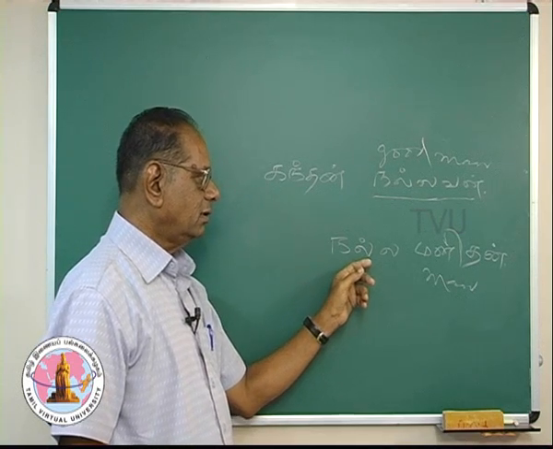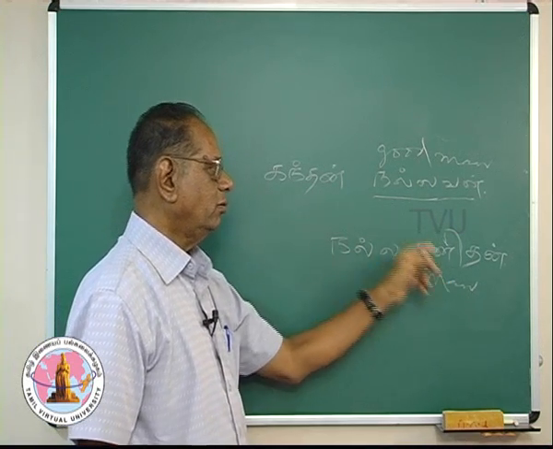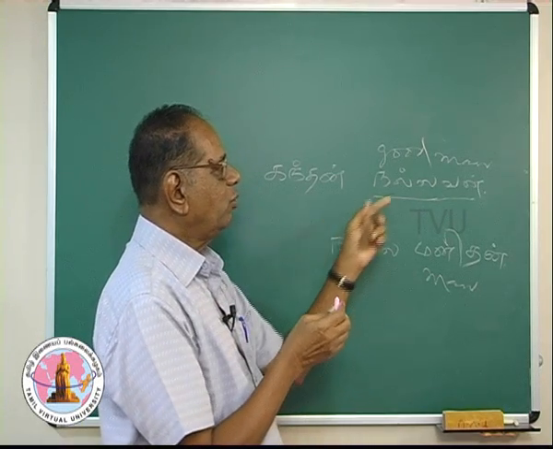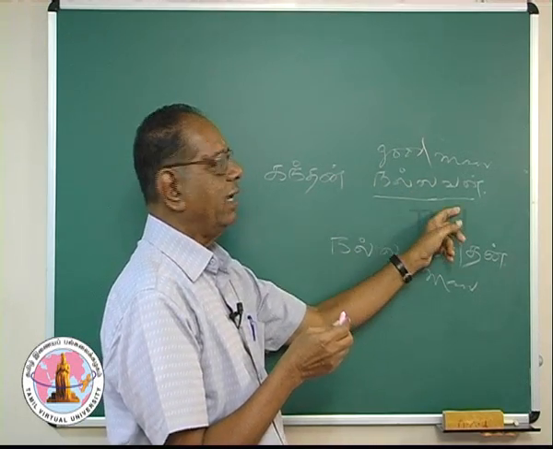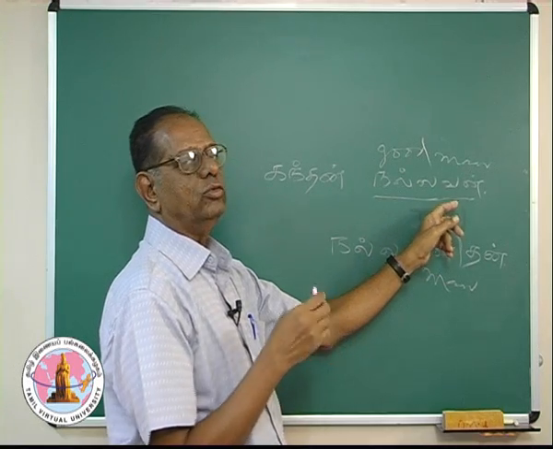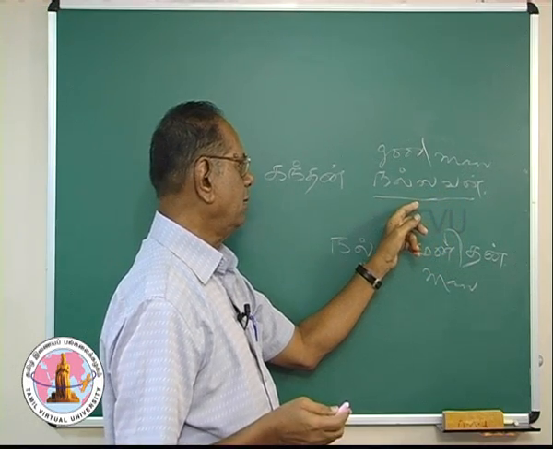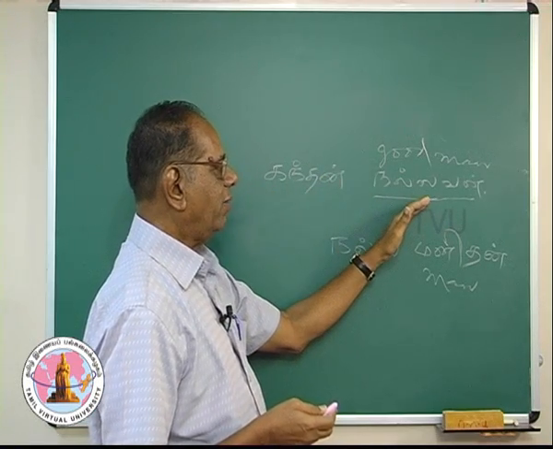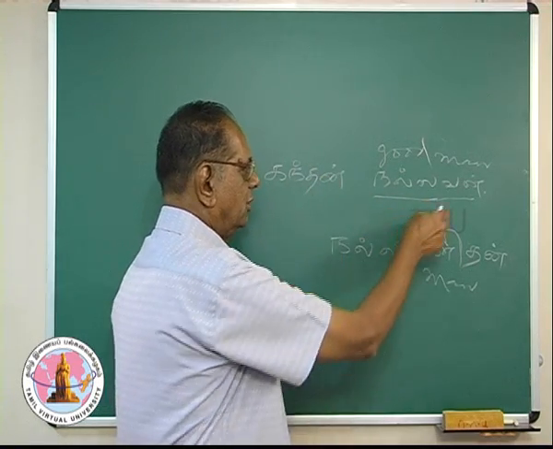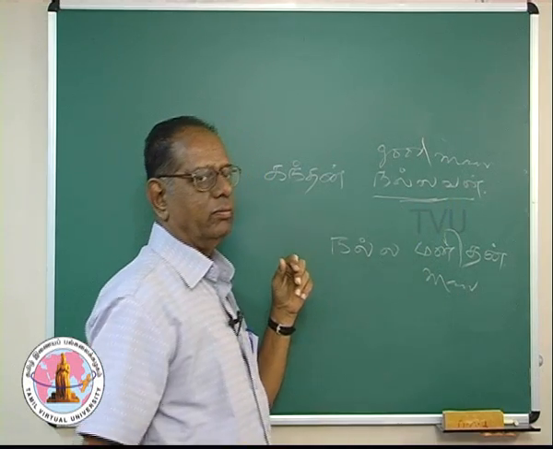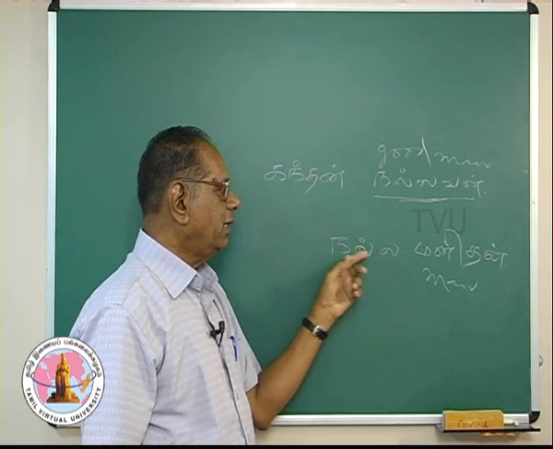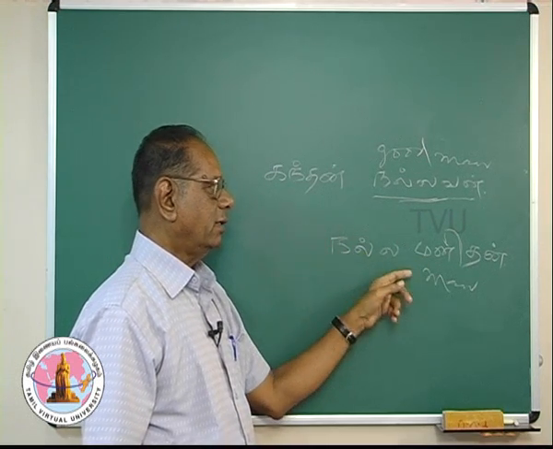Instead of giving an adjective and a noun, I have compressed them into one word as Nallavan, as you do in English. Man is good, like that. Kandan Nallavan. This becomes a noun. Nalla Manisan, a good man.